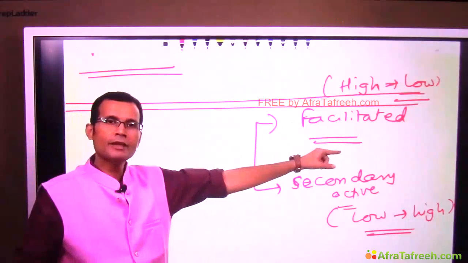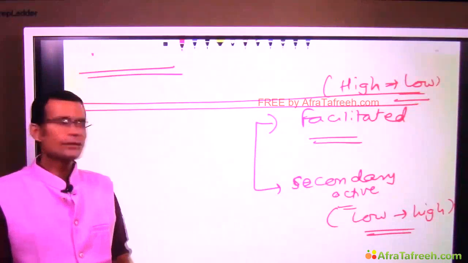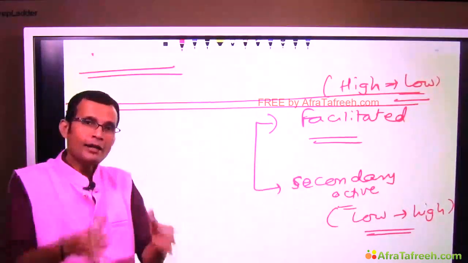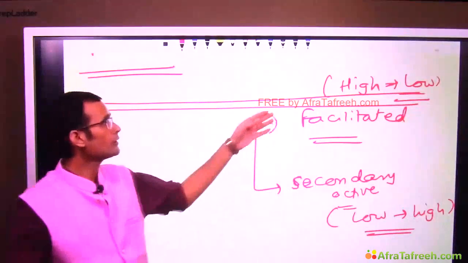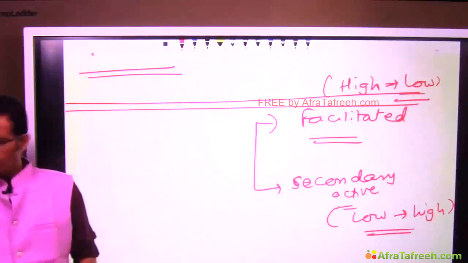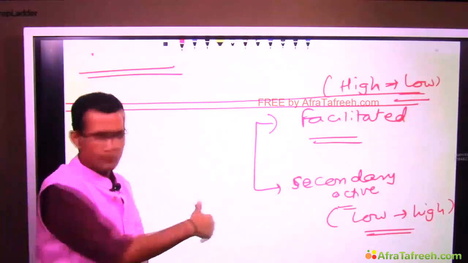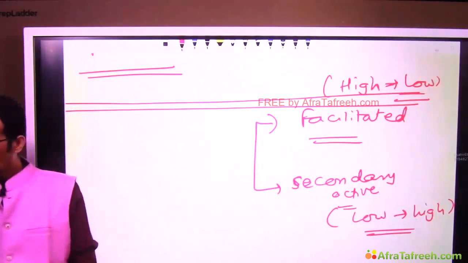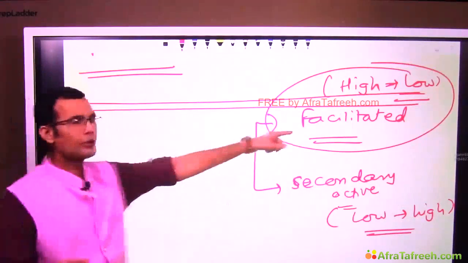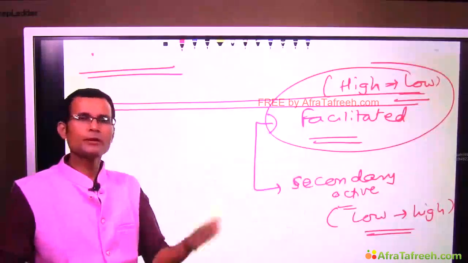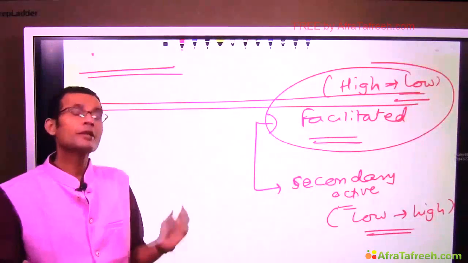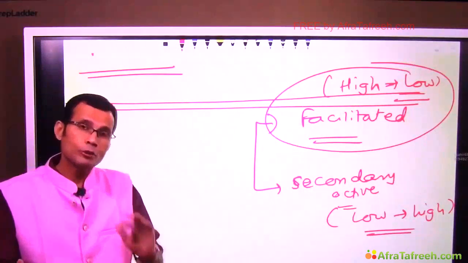Even in facilitated diffusion, the substance goes from high to low as well as low to high, and net transport is high to low in the case of facilitated diffusion. So my question to you is, why is it that the carrier in the case of facilitated diffusion compulsorily carries the substance from high to low concentration only when it can carry also from low to high?